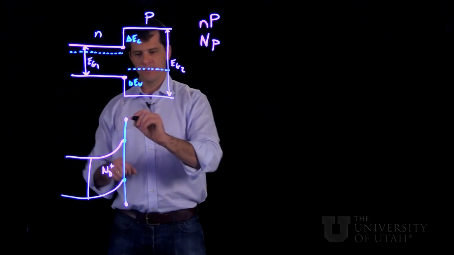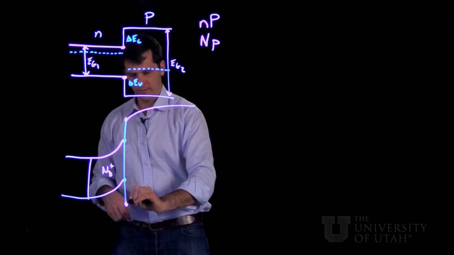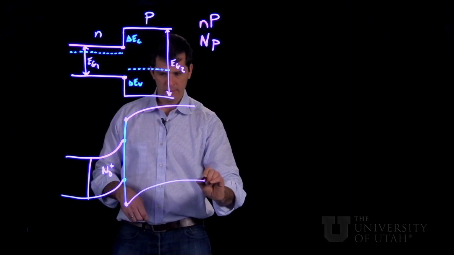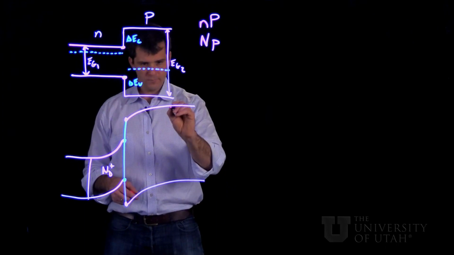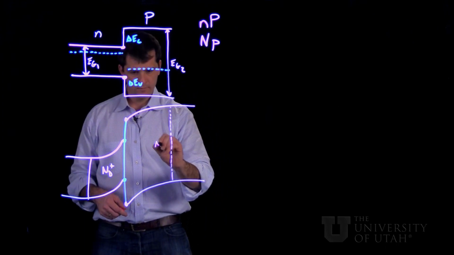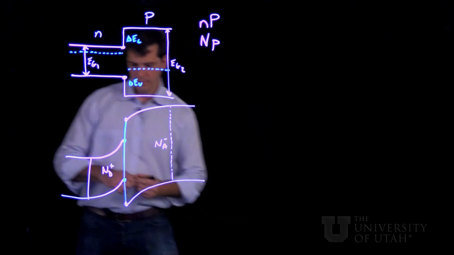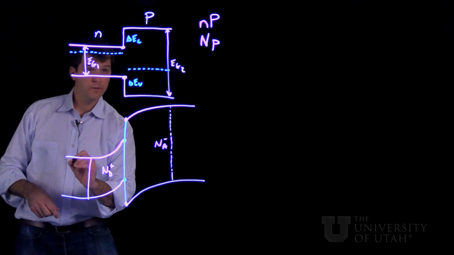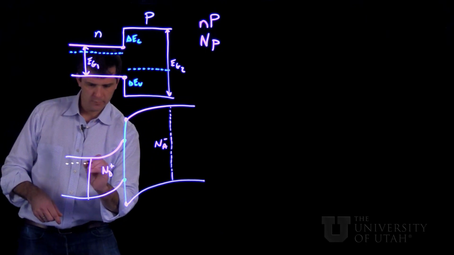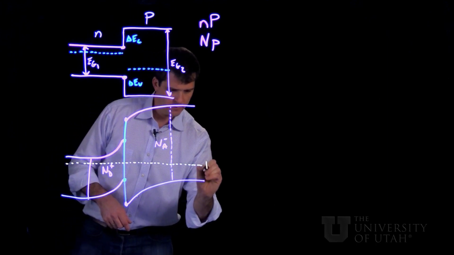And again, the movement is like this, so that the opposite sense of band bending is induced in the larger gap material. Again, a depletion width is formed with Na minus density of ionized dopants. Then we can come in and draw a constant Fermi level across.